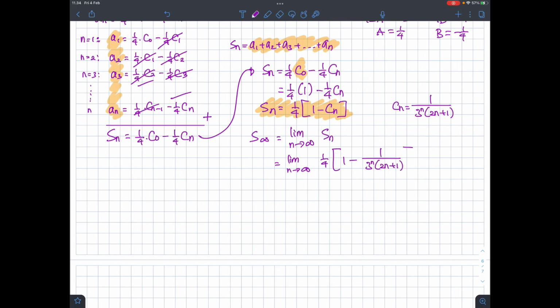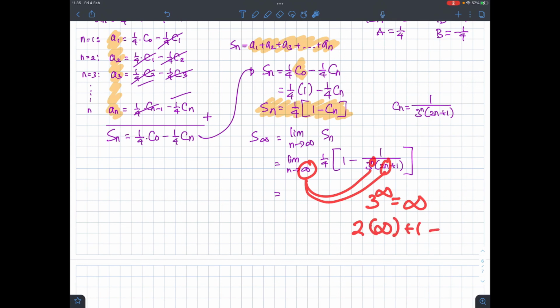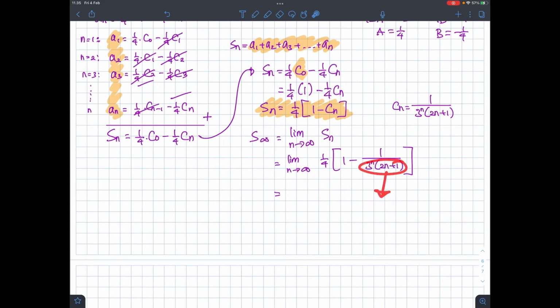Okay, and when I substitute infinite to here, 3 to the power of infinite becomes infinite, right? Very big number. And 2n plus 1, when I substitute here, 2 times infinite plus 1, I think this is also infinite, yeah. So the result of the denominator here is infinite, right?